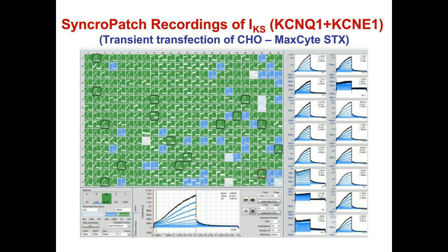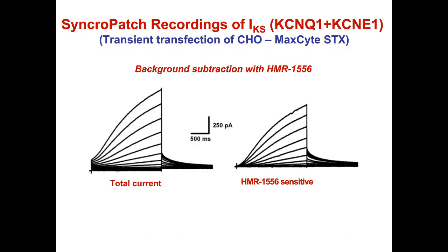And that extra step included a final application of an IKs-specific blocker known as HMR 1556, and we would then record again after application of that compound and then take the residual currents and digitally subtract them offline from the total current to remove any background non-IKs current. And when we did that, we were able to eliminate any non-IKs cells and improve the quality of the measurements.